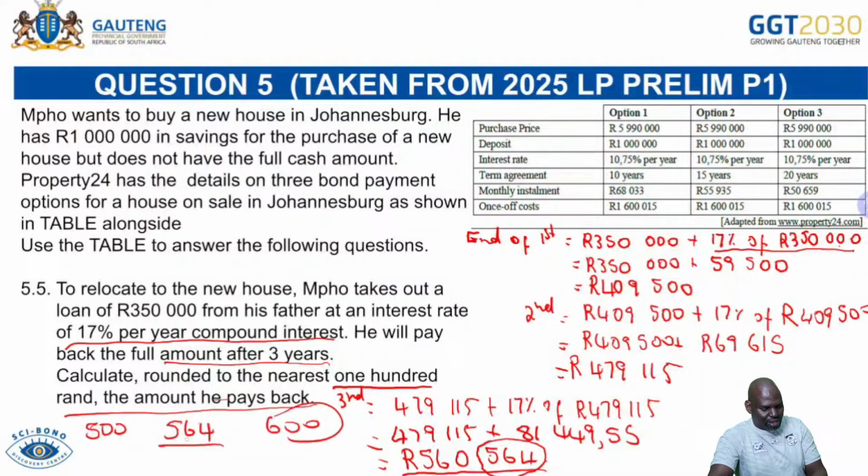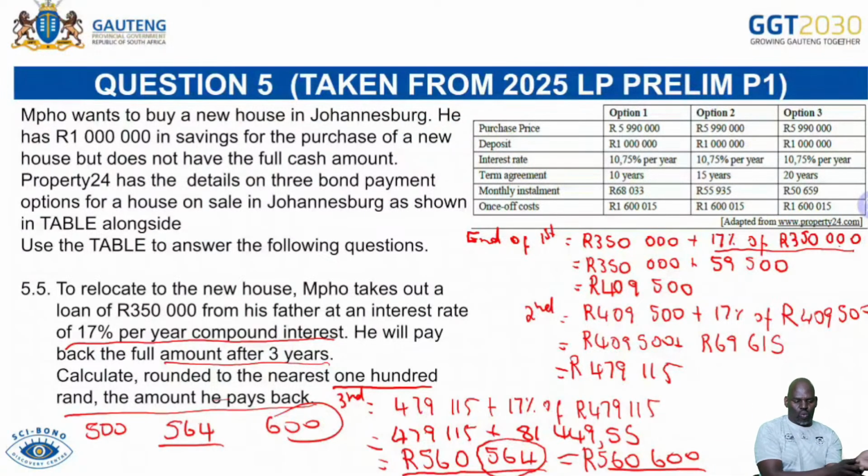You can see that in this case, it's closer to 600 than 500. So when we round it off, it's going to be 560,600. That is how we round it off to the nearest 100. So that is number 5.5.